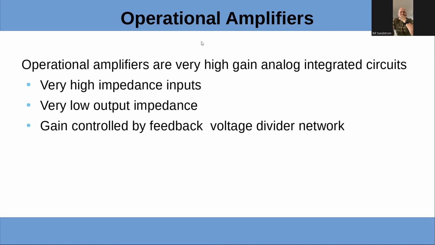In fact, it looks like it's an open circuit, essentially. They have a very low output impedance. They have gain in the thousands. And we can control the gain of it with a feedback resistor network as some sort of voltage divider to give it the ratio between the output and the input, which would establish the gain.